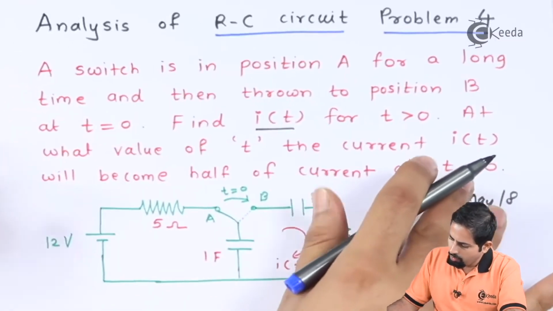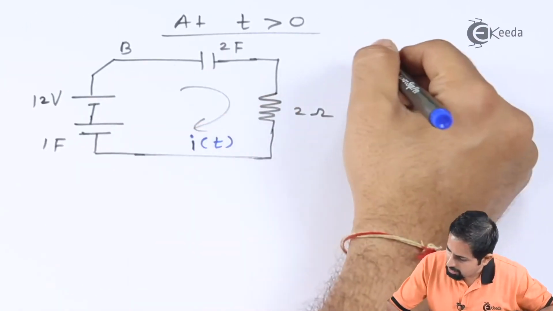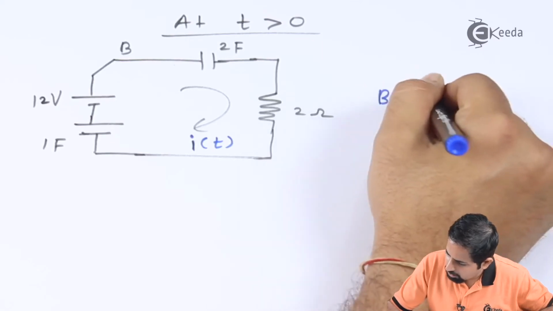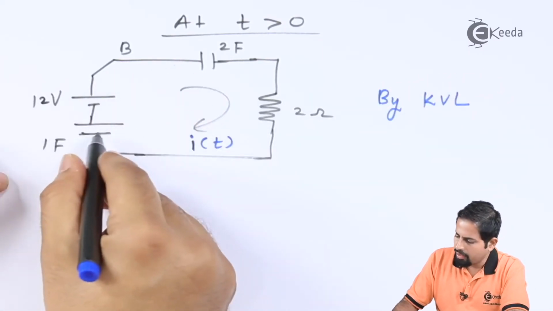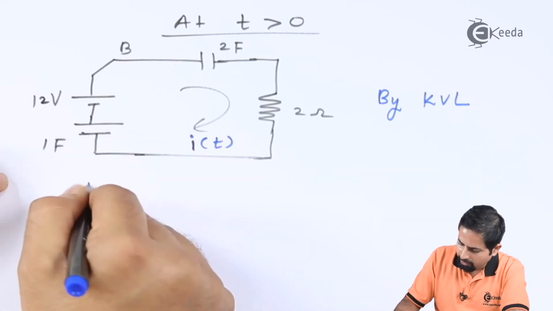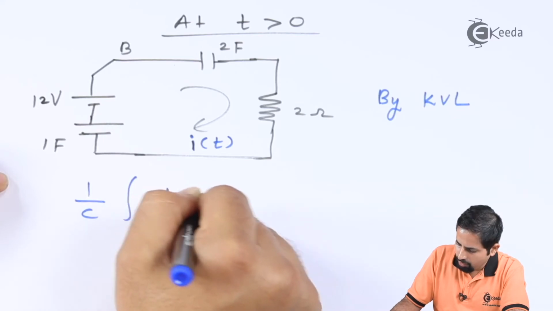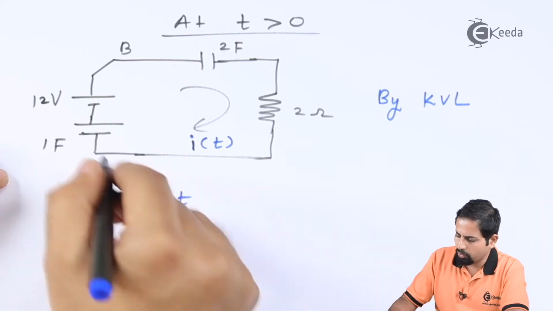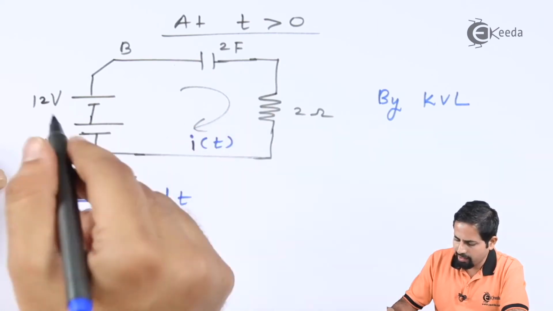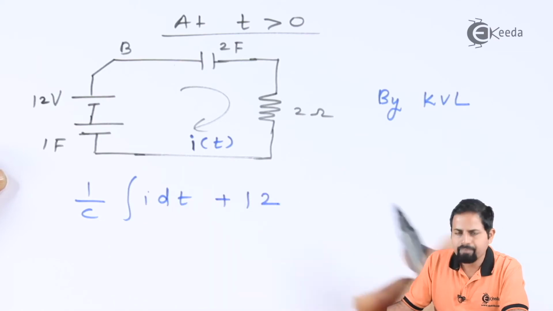Now we are supposed to find this current. So obviously we will apply KVL. By KVL, the voltage across the capacitor will be 1 by C integration of I dt. We should write 1 farad here because both cannot be written as C. Then it is plus 12.